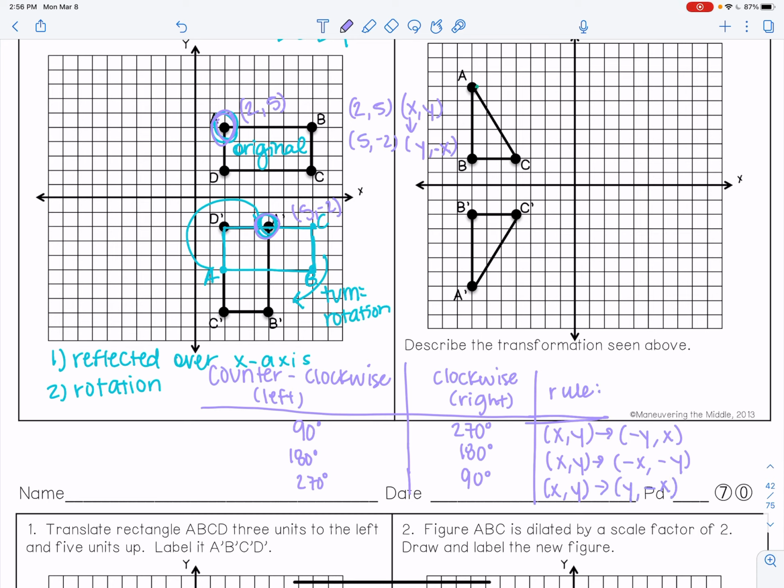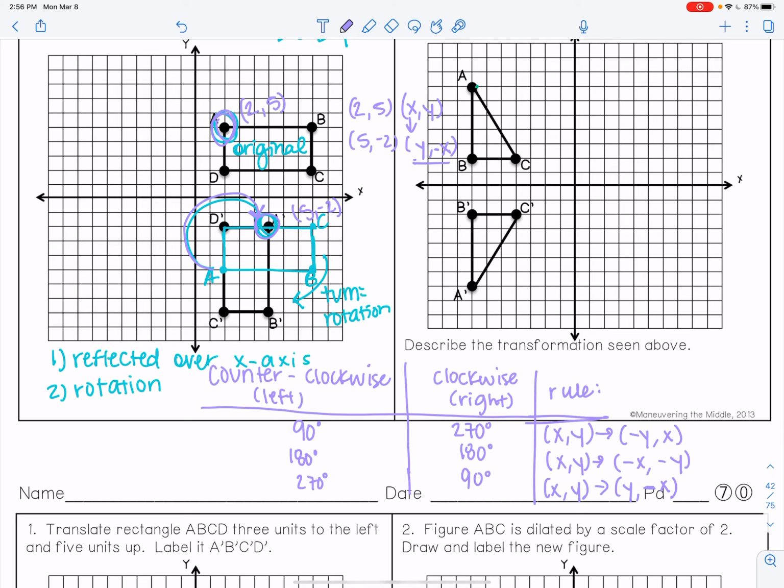Okay, so if you look, what we ended up having to do to get from one to the next is we're just doing it this way, but we're trying to say, well, we ended up going from xy to y comma negative x.